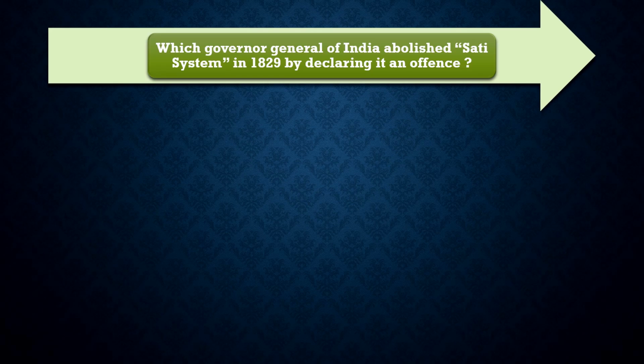Here we are on our topic: which Governor General of India abolished the Sati system in 1829 by declaring it an offense.